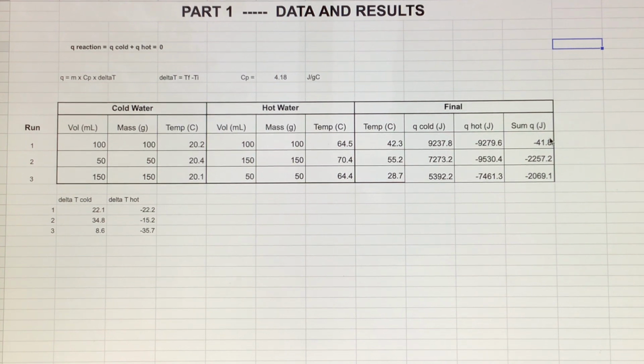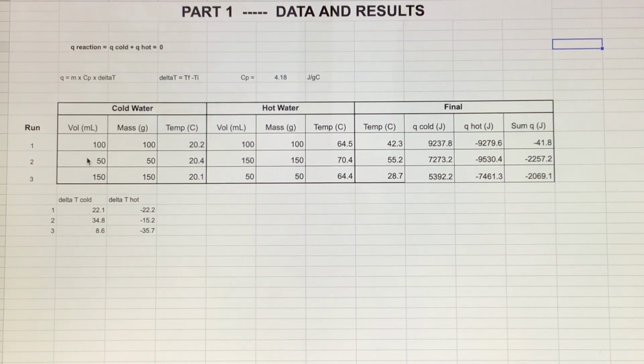Remember that it's just a thermos. But again, 41.8 joules is a pretty low heat loss. So these two amounts are pretty equal, which, as I said before, when you use equal amounts of cold water and hot water, the Q reaction should be 0. And 41.8 is pretty much 0 for these types of reactions.